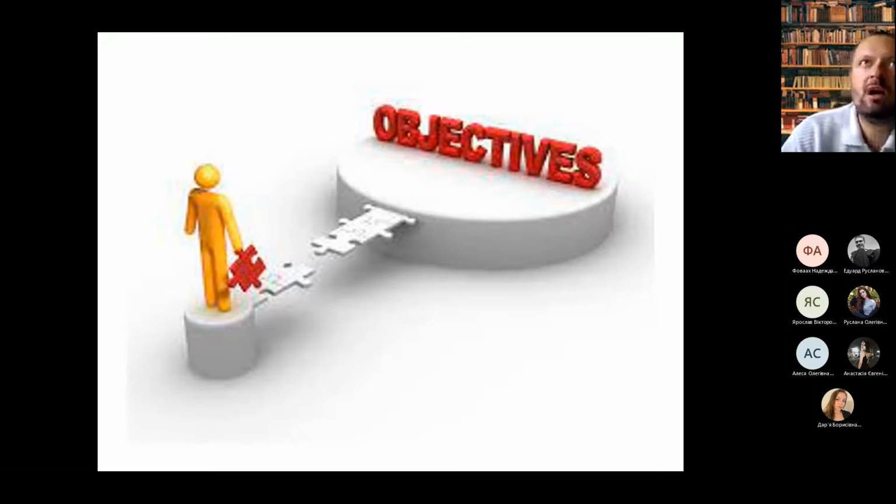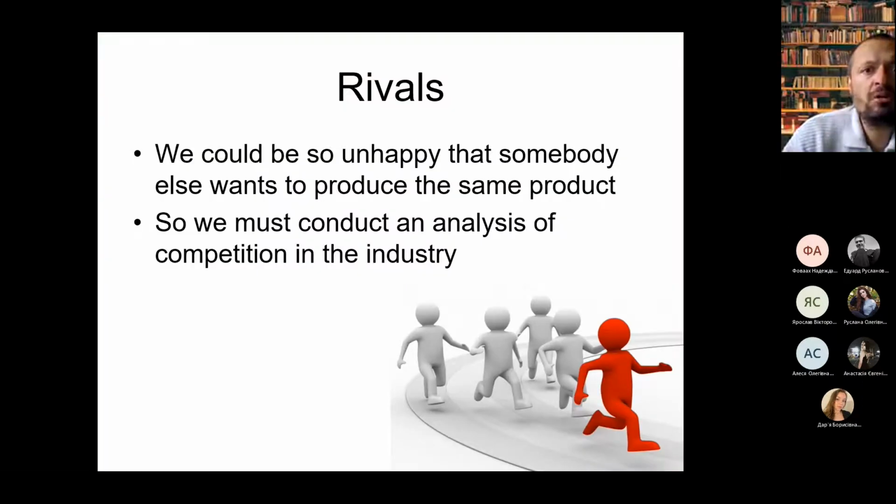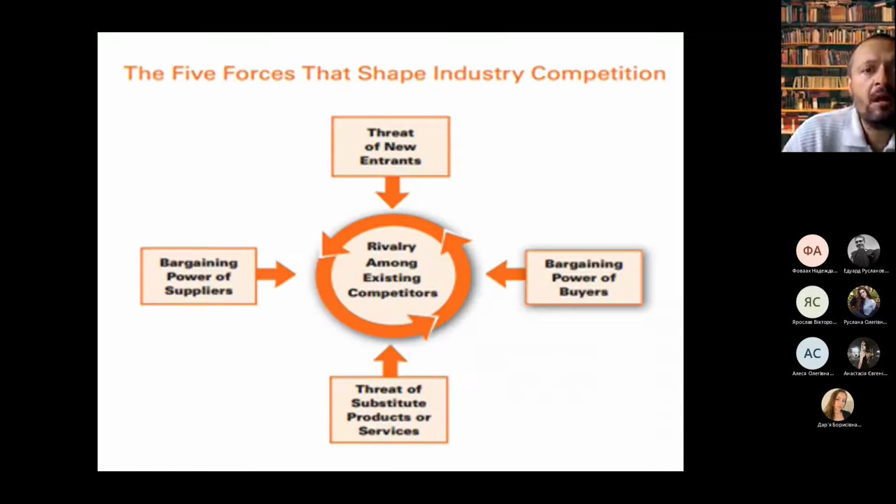We have to support our mission with objectives. We will have to understand the situation in the industry. We will have to analyze all our rivals. And we will use the 5 forces model to understand the situation in the industry.